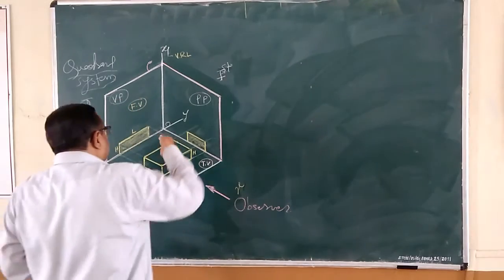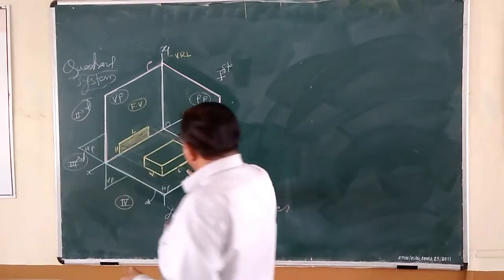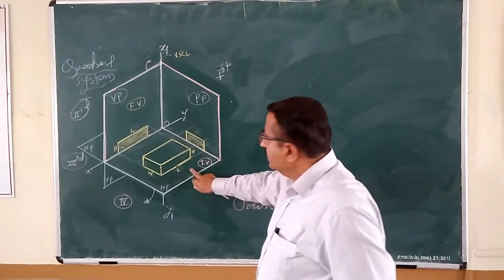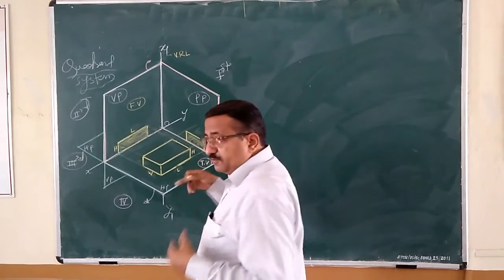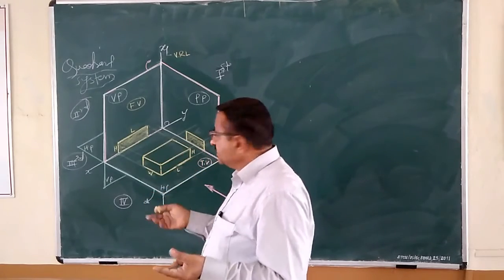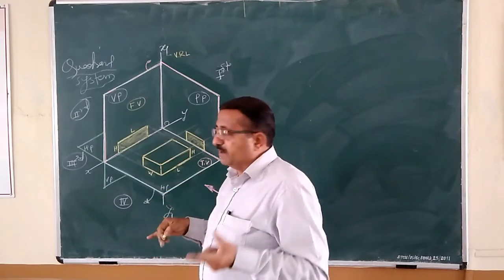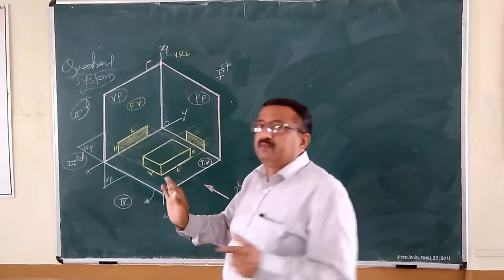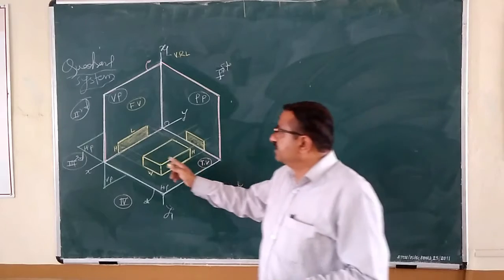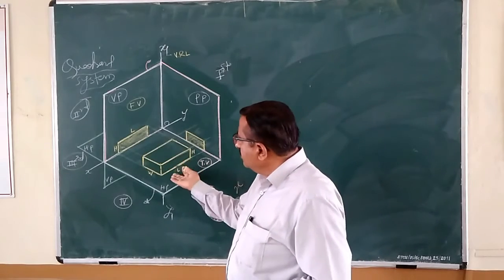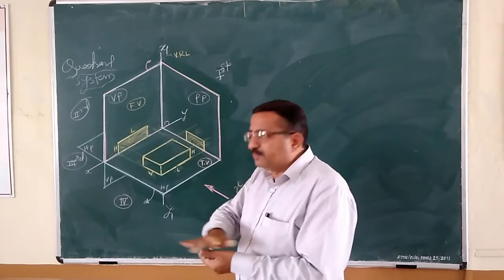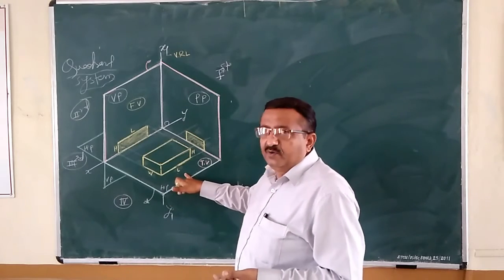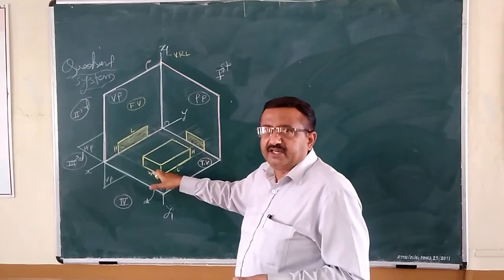The top image we are going to get over the HP. It is again carrying L by W. Last time we have seen, the top view possesses length by width as its prime parameters. So this top surface itself is revealing its top image. As this object is not kept in space, it is just kept over the plane of projection HP, we can't project it, we can't draw it here.